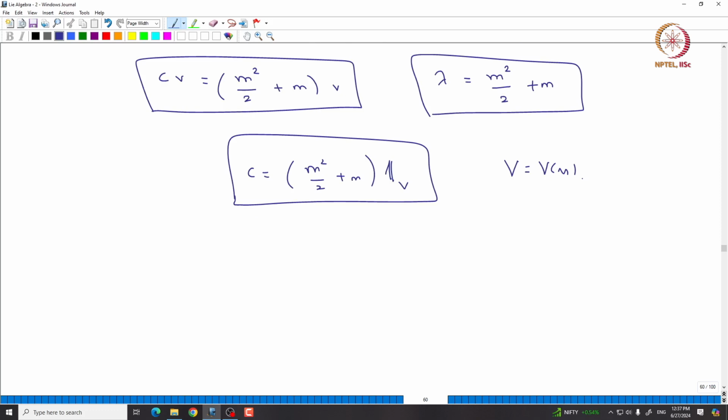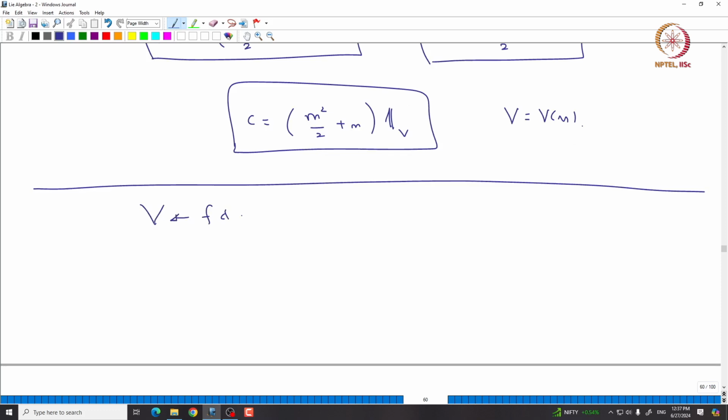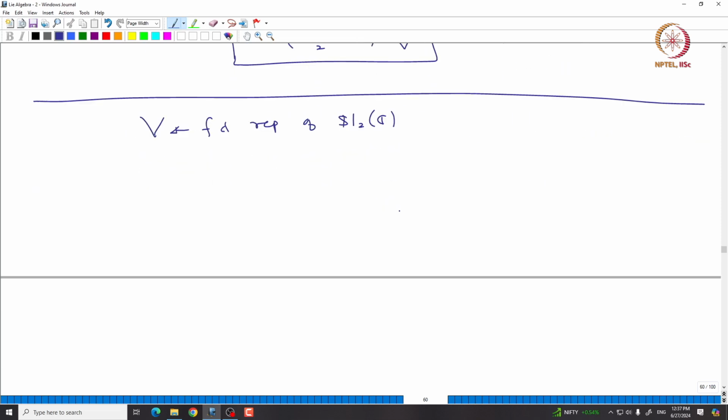Now, if we go back to the finite dimensional representation V of sl2(C), we know that for this Casimir operator, V can be decomposed into a direct sum of generalized eigenspaces.